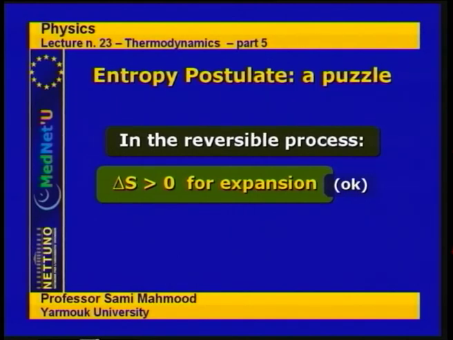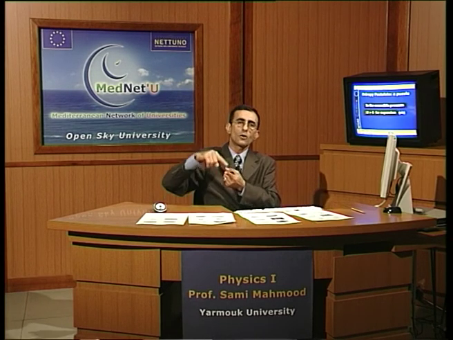We can do that. And we should, in principle, get a zero change in entropy and a zero change in internal energy also, because we go back to the initial state.